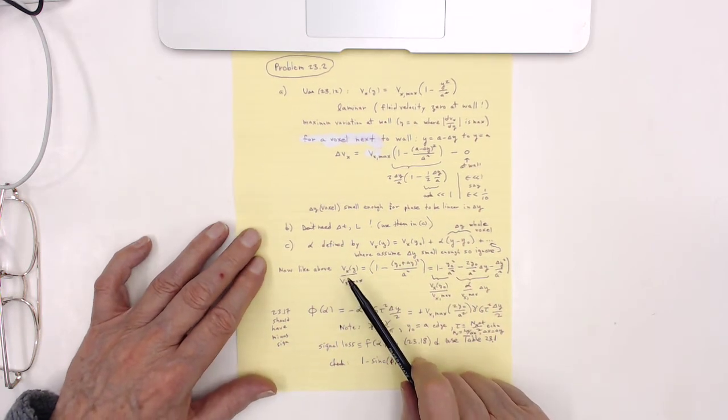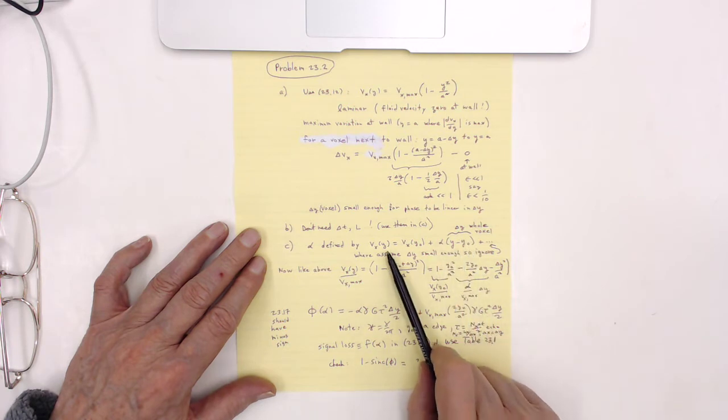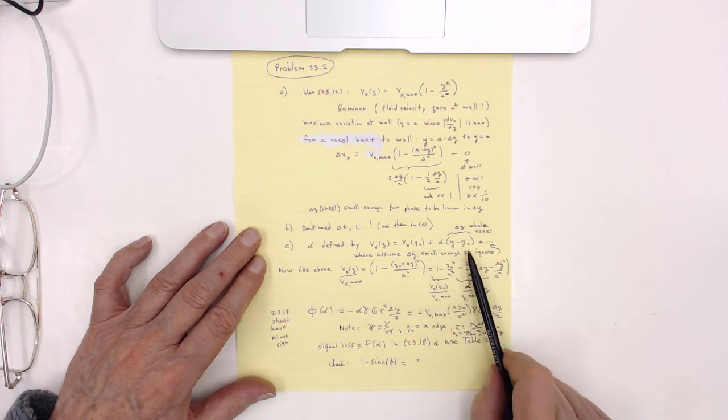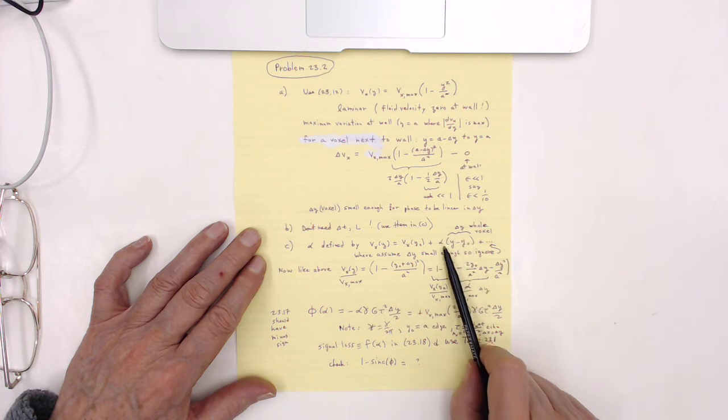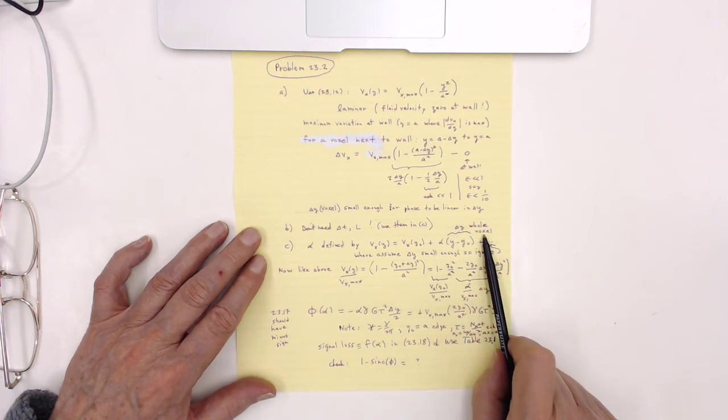In part C, alpha is defined by the coefficient of y minus y0 when you expand the velocity profile, the velocity function of y. I expand it around y0, so I'm expanding in y minus y0 and then call that delta y, because we're interested in this variation over a voxel.